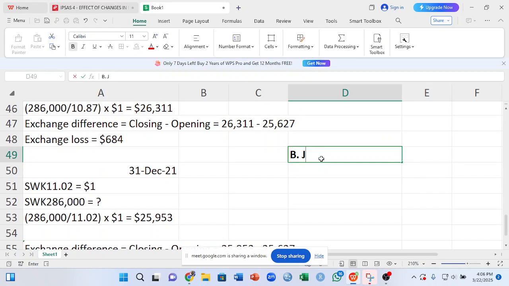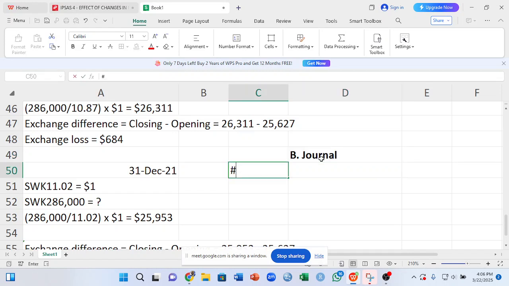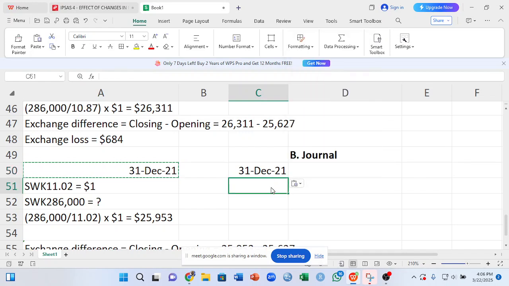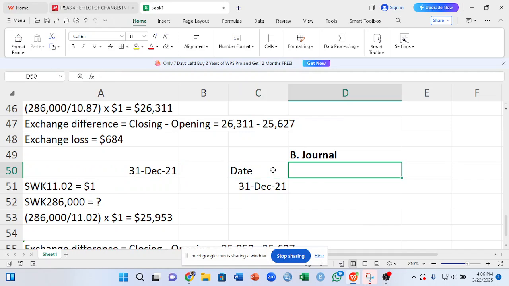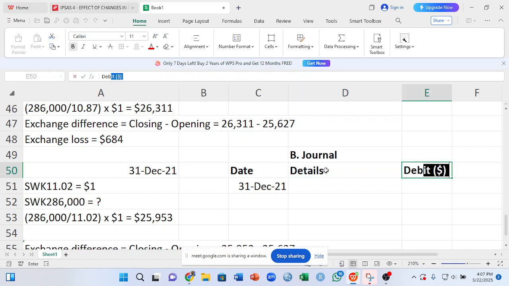We'll just focus on the closing balance because we have already done the opening balance in the first instance. So we're focusing on 31st December. Let's bring that: date, particulars, debit, credit.